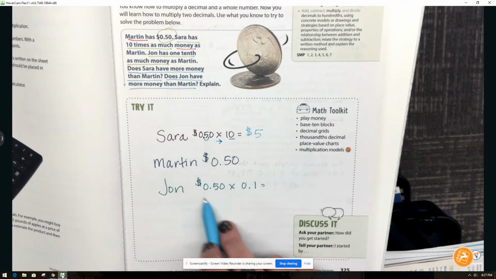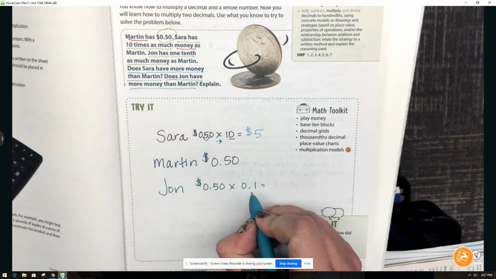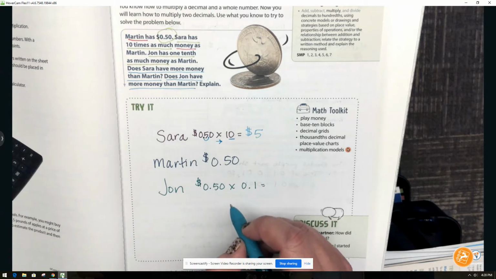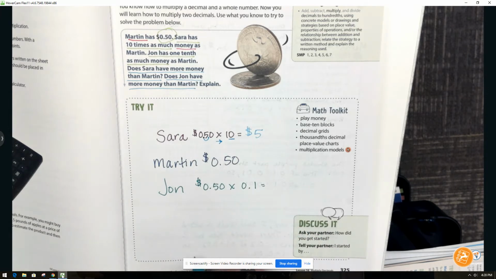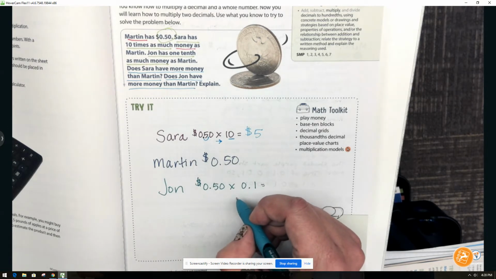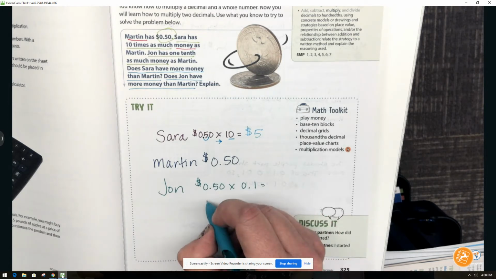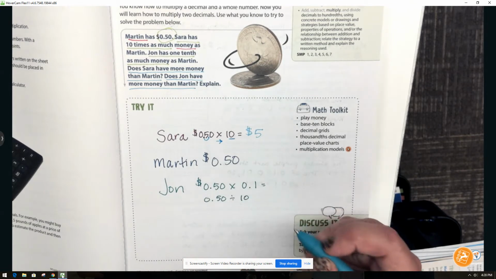So Sarah has $5 because we just moved that decimal over one place. Now it's a little different when we're working with John. Remember that when we're multiplying by a tenth, we want to know what is 1/10 of 50 cents. That's the same thing as 50 cents divided by 10.